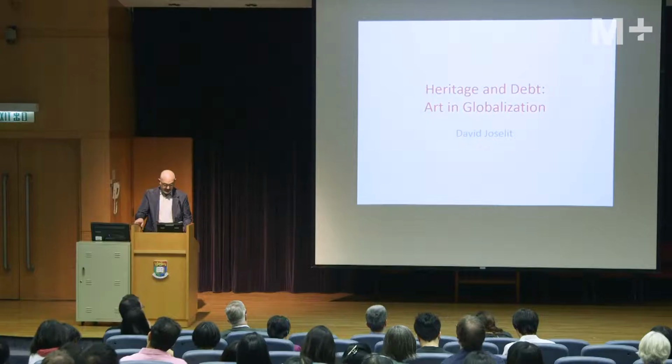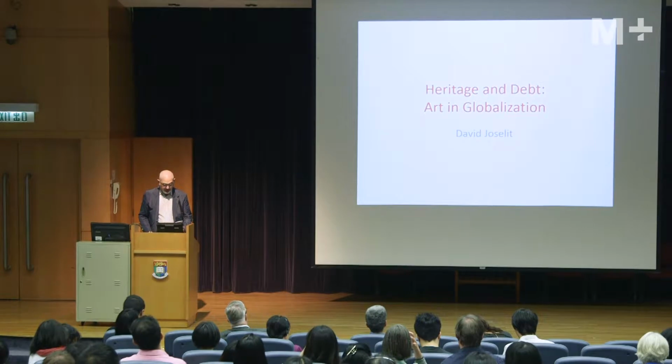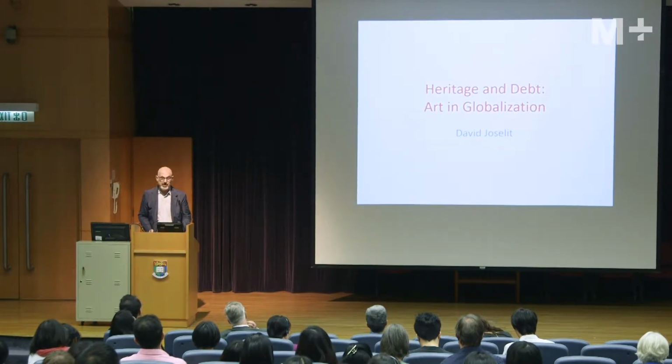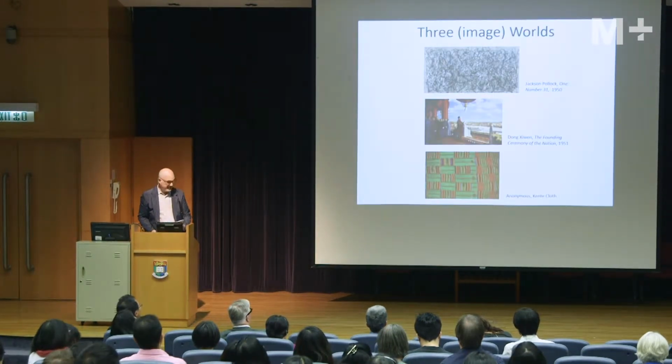It may be overly simple or even crude, but I think it may open up a way of understanding how image flows operate under conditions of globalization. As there were three worlds during the Cold War period, according to many, I believe there were correspondingly three predominant image worlds.